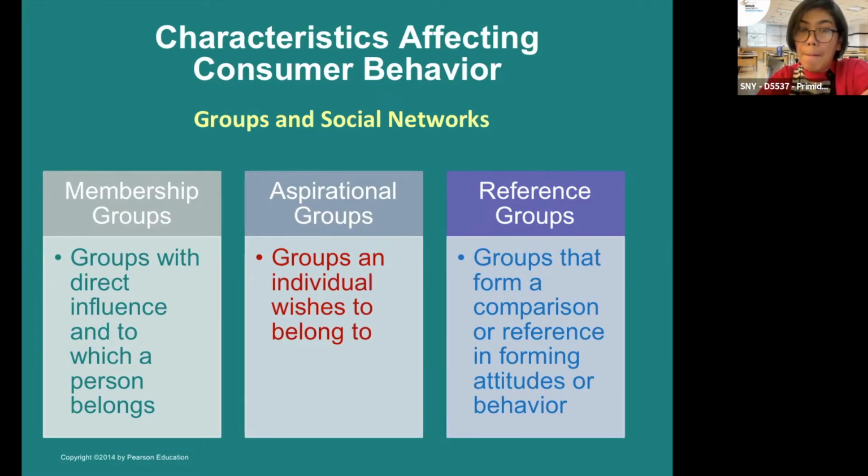So within the reference group, you can narrow it down. Social media influencers, what type will you use as a reference point? Are they sportsmen? Are they fashionistas? Are they an elite group? Some like that.